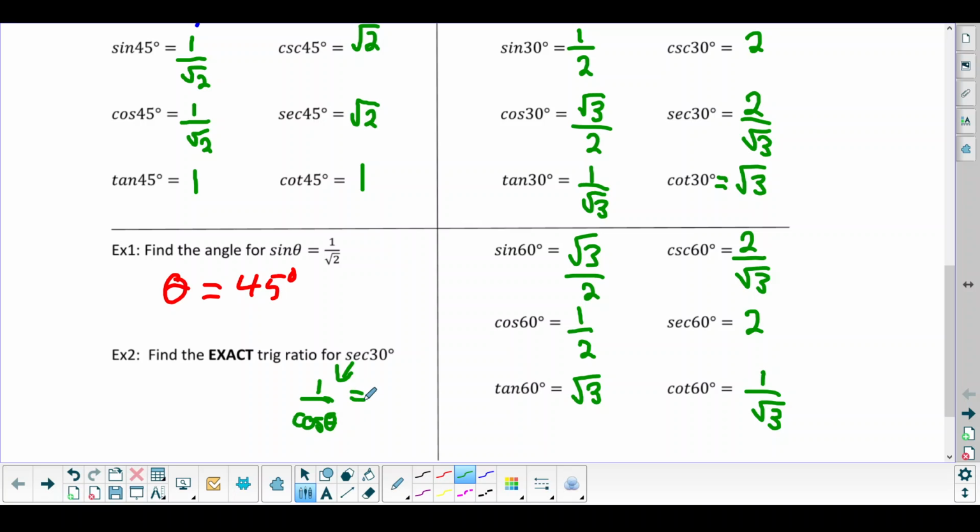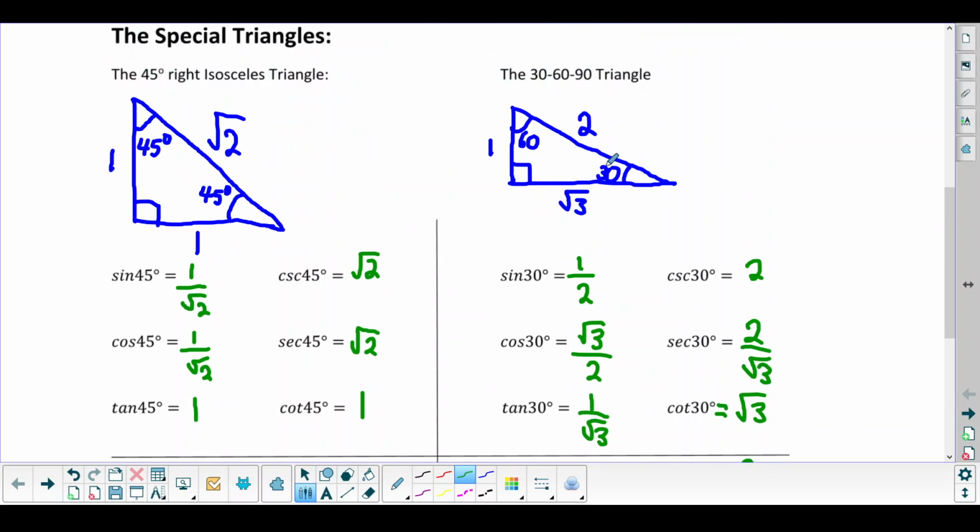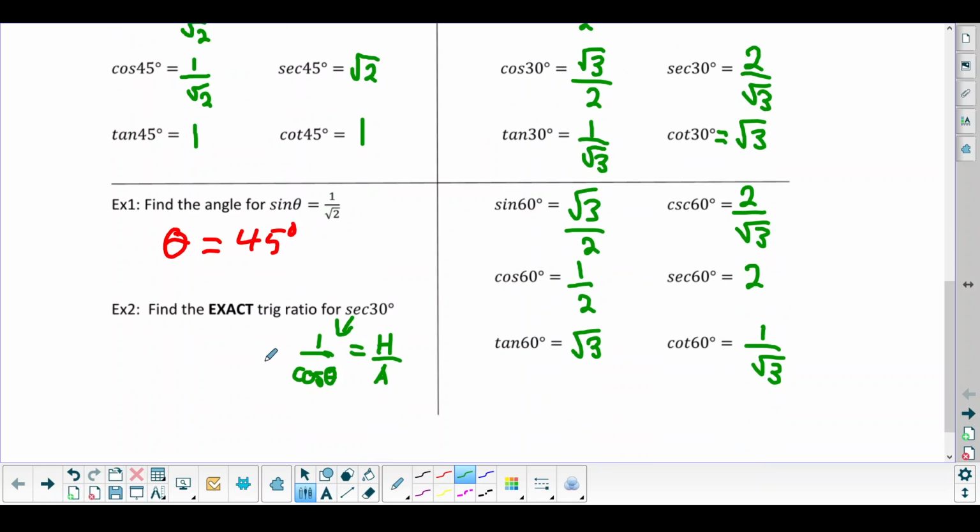And cosine was adjacent over hypotenuse, which means this is going to be hypotenuse over adjacent, the reciprocal. So we want to look at 30 degrees and find out what hypotenuse over adjacent is. So let's go up to our triangle. So 30 degrees, hypotenuse over adjacent. So we looked at 30 degrees, so 2 over root 3.